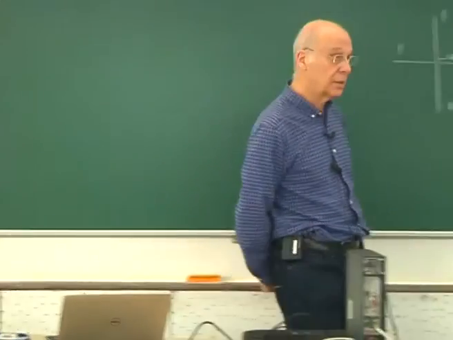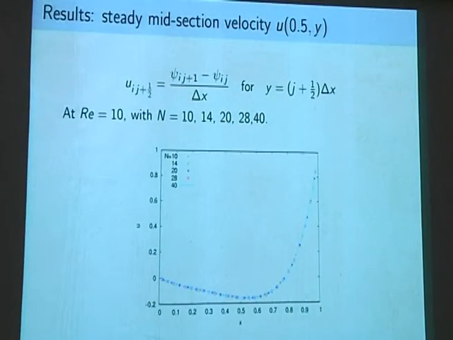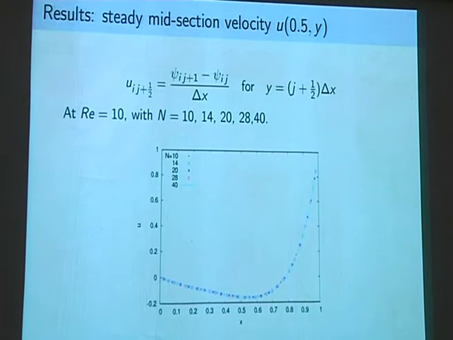And this is the answer for a whole series of different grids at 10, 14, 20, 28, and 40. And they all superimpose on one another. So visually you can only detect errors at 1%.